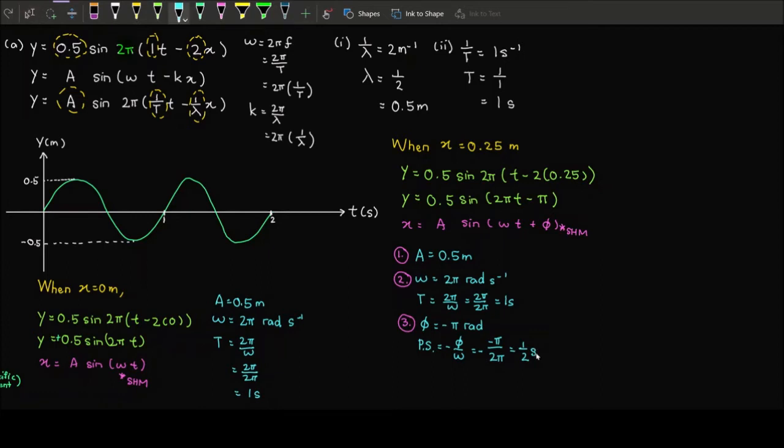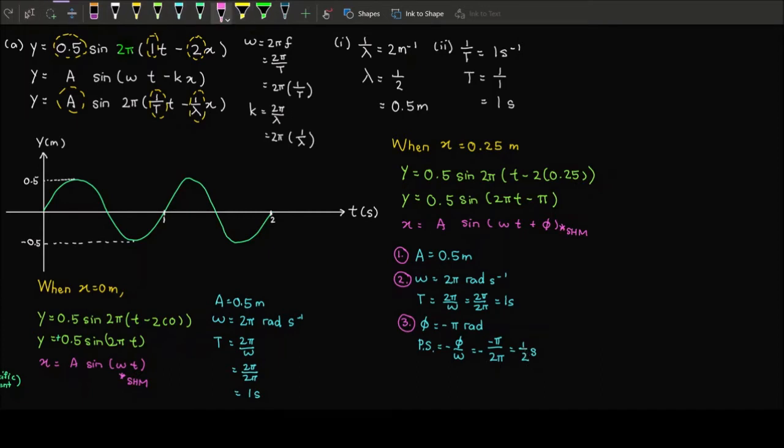Just like we saw last time in the previous question, a negative sign here means the graph moves to the right. Half a second is positive, so you shift to the right for half a second. If you're not clear, refer to the video link in the description.